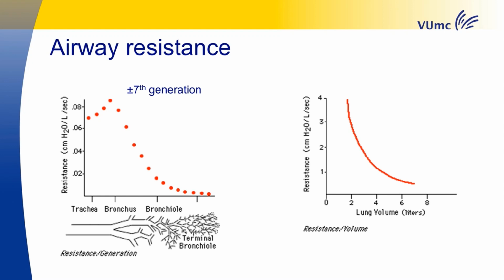That's actually shown here. And what's shown here, a physiological concept as well, of course, is that the resistance of the lung depends on lung volume. The higher the lung volume, the more the lung is open, the higher the diameters of the airways, the lower the resistance. Right?